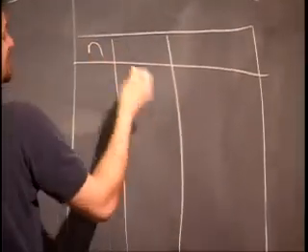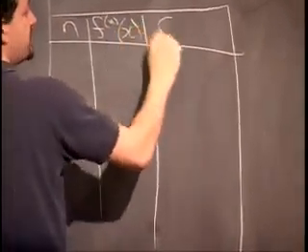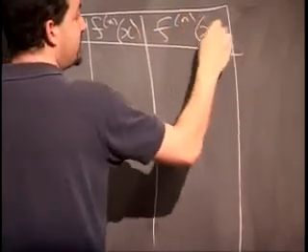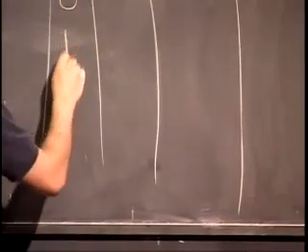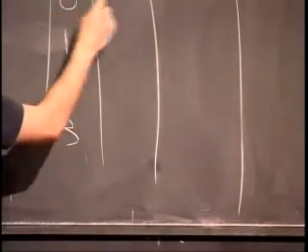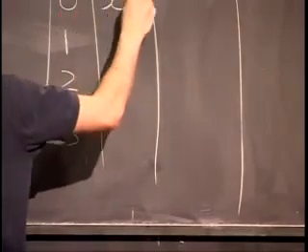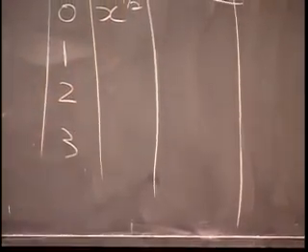This is going to be n, the nth derivative in general, and the nth derivative at 25. That's what we care about. So I don't know how many of these rows I'm going to need. I'll go up to 3, say. The function itself is x to the 1/2. We need to differentiate this a few times.